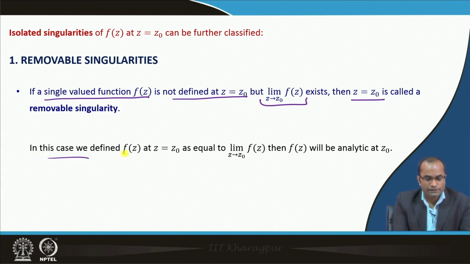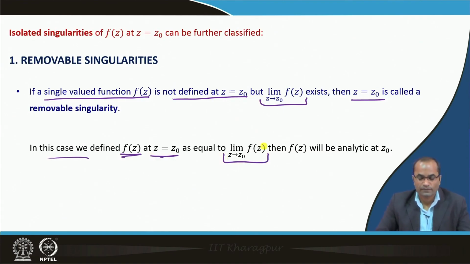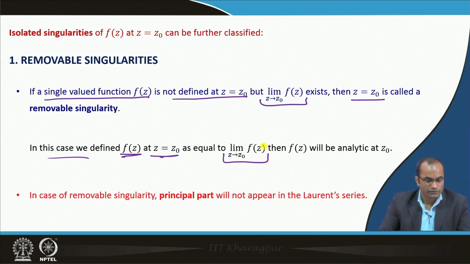Because in this case, if we define the function at z equal to z naught with this limit which exists, then f(z) will become analytic at z naught, and that is the reason we call it a removable singularity of the function.